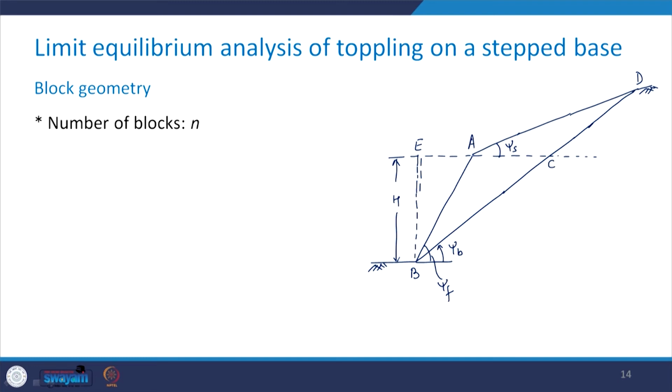Now, just imagine that if your psi s were equal to 0, that means the slope would have been this face and then this horizontal line.